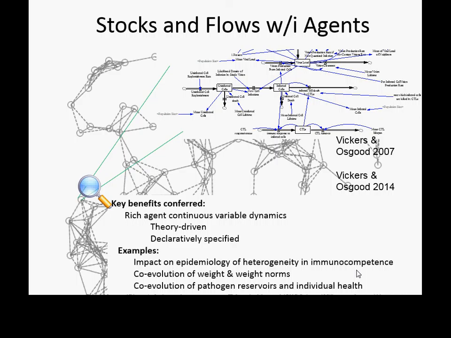And this allows us to describe much of the dynamics declaratively. It allows us to characterize simultaneously the states of individuals, the actions that change those states as captured by these flows, and the conditions under which those actions take place, as indicated by the formulae here, and the fact that they're coming into and out of a given state, very nicely using these stocks and flows within a given agent.